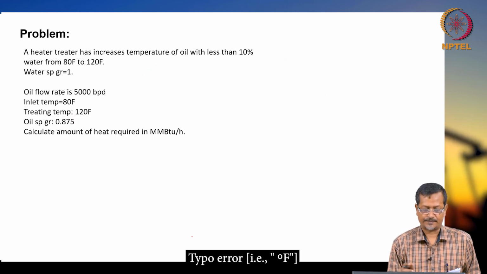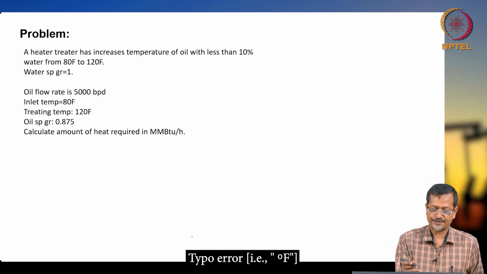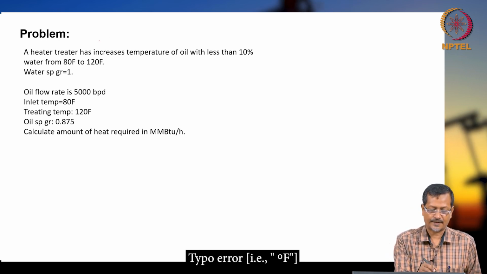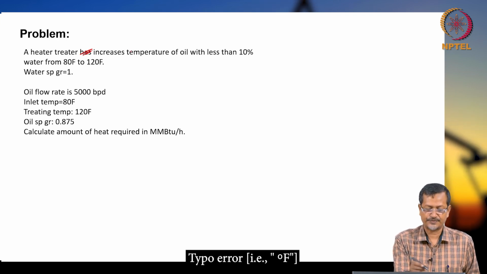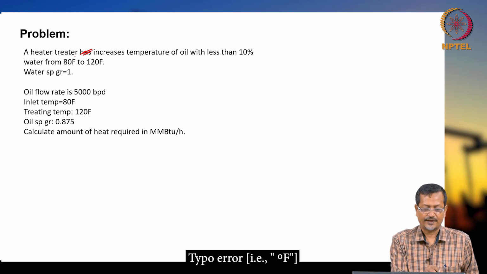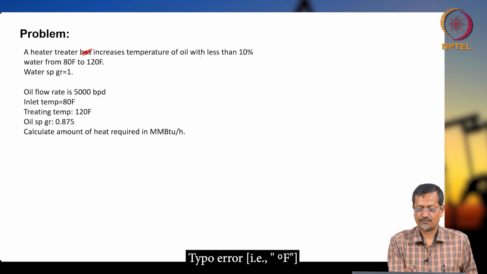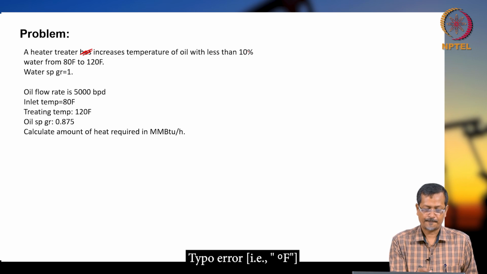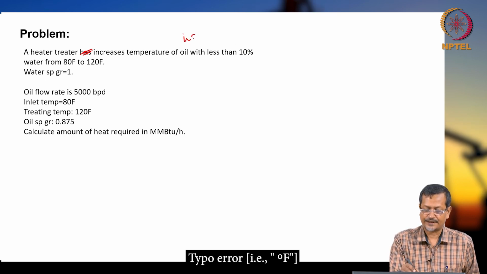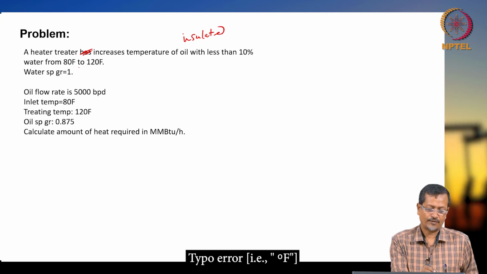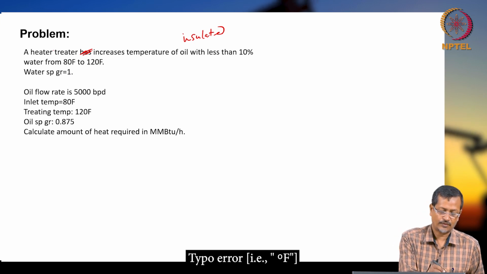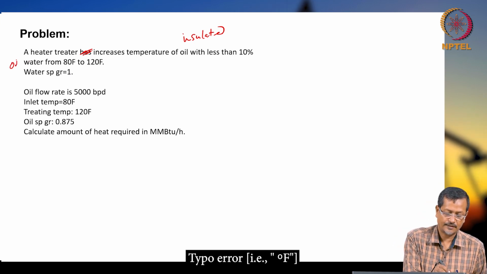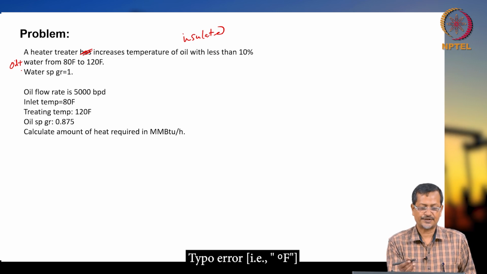Now, see a problem. I created this problem, so there is some mistake. A heater treater increases the temperature of oil with less than 10% water, and it is an insulated system. Oil plus water temperature increasing 80 degree Fahrenheit to 100 degree Fahrenheit.